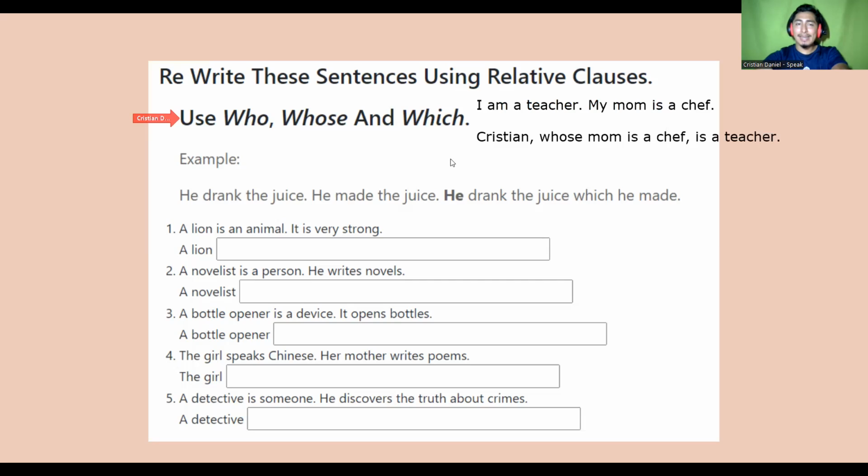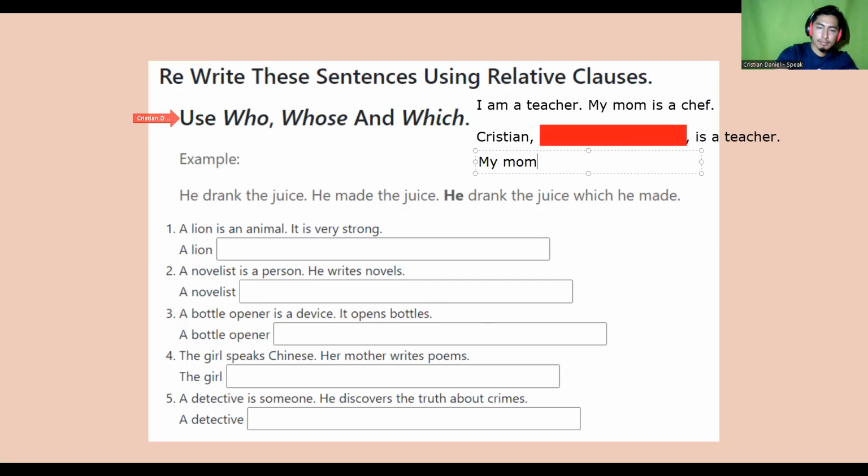So in this case, everybody, you can eliminate this. This is a non-defining relative clause because the main focus of this sentence is not on my mom. The main focus is on me. Christian is a teacher.